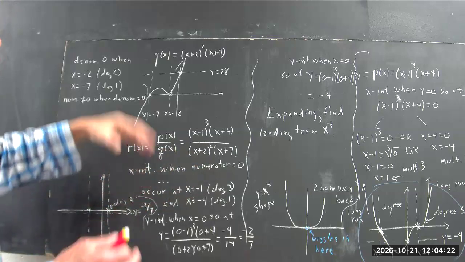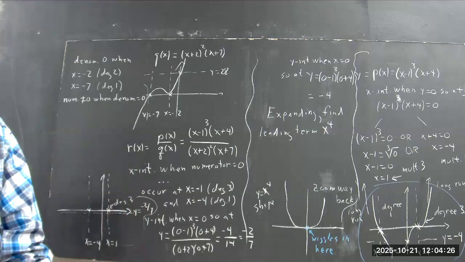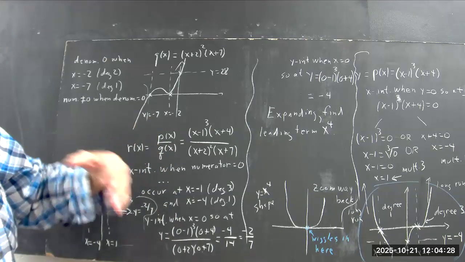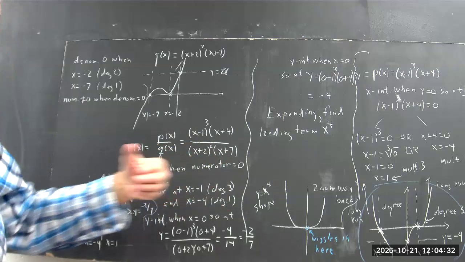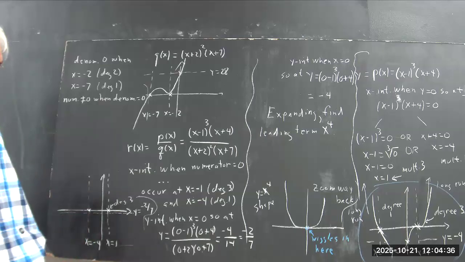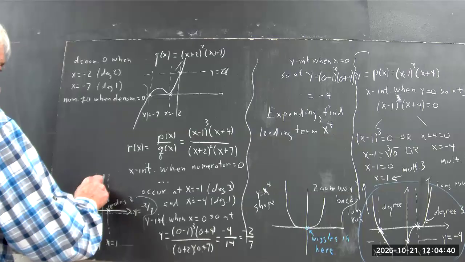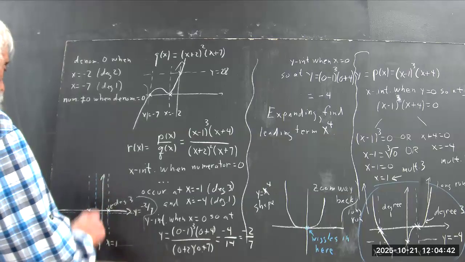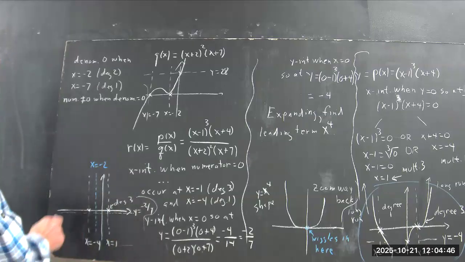Which means that this thing gets huge, approaches infinity, or maybe negative infinity, or maybe infinity on one side of the x equals negative 2 line, negative infinity on the other side. Well, let's go ahead and draw the x equals negative 2 line. I'm going to draw that in a different color. And then I'm going to draw my x equals negative 7 line.